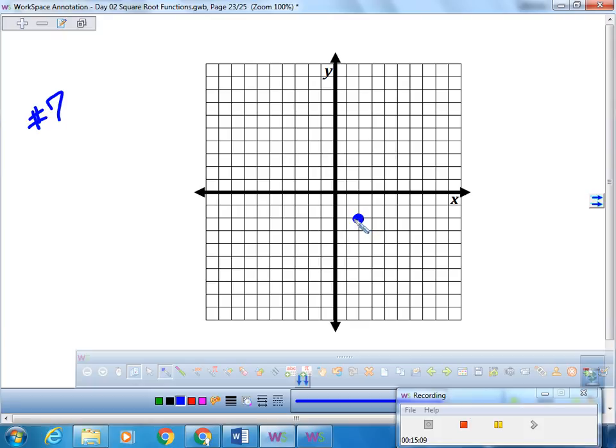And that scale is a little bit different. So automatically I know that this has a horizontal translation of 2. So I have x minus 2 underneath the radical. And then I have down 2, so subtract 2.